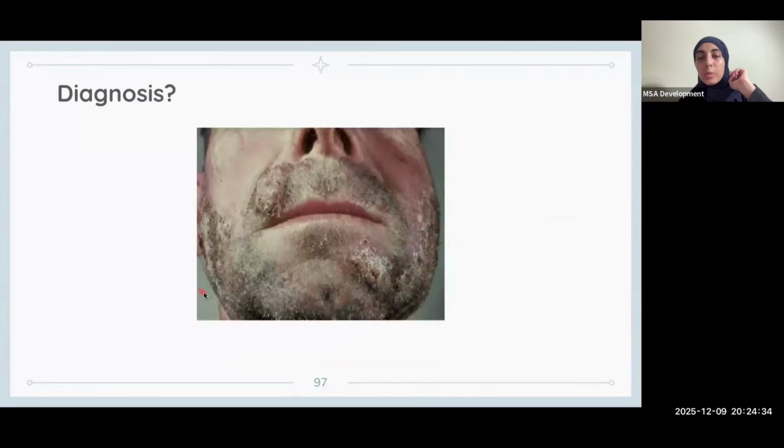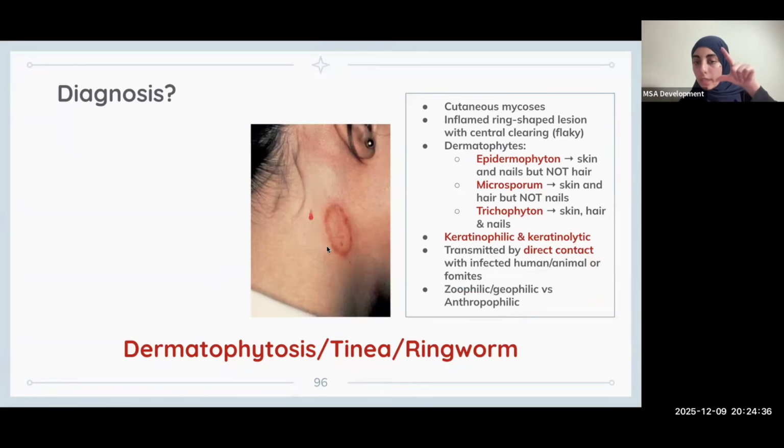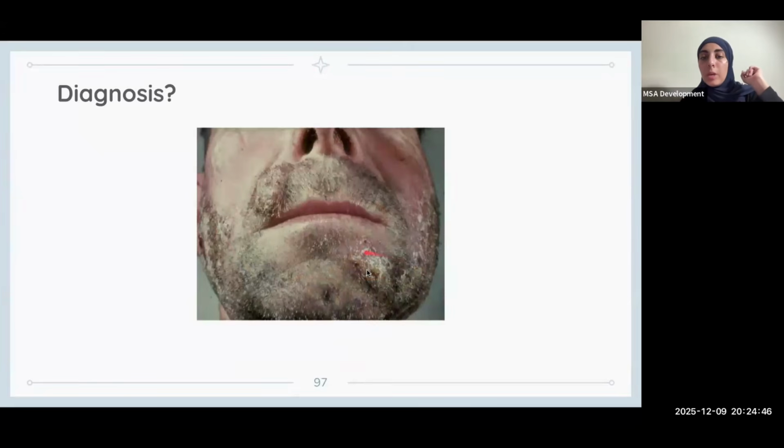So now, as we said, this skin condition, which is caused by any of these fungi, can present in different parts of the body. And depending on where it is, we have different names for it. So in this one, the patient has a dermatophytic infection on the beard. There's one over here, and there's one over here. So what do we call this?